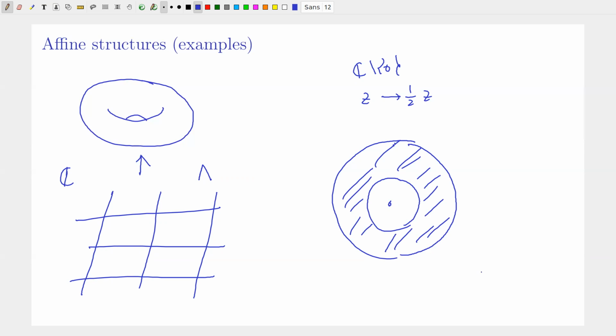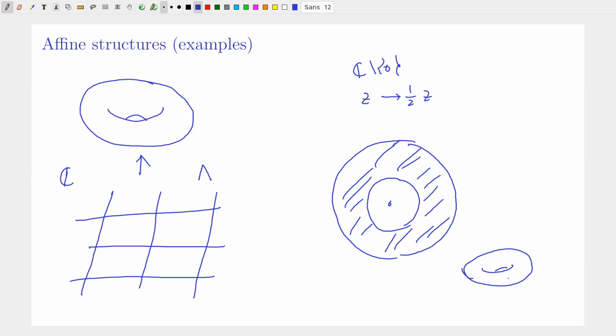So in the quotient, you have again an elliptic curve, and this elliptic curve is naturally endowed with an affine structure coming from the natural affine structure in C. So these are different affine structures, but they both give affine structures in the sense I just defined.